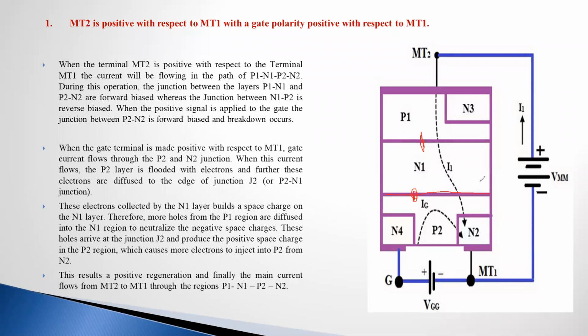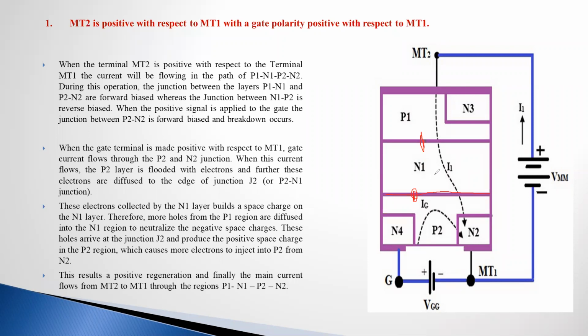Yes, that is the right answer, reverse bias. But how? With respect to this junction, N1 is connected to the positive side and P2 is connected to the negative side. But what condition is needed for forward bias? P material should be connected to the positive side and N material should be connected to the negative side.